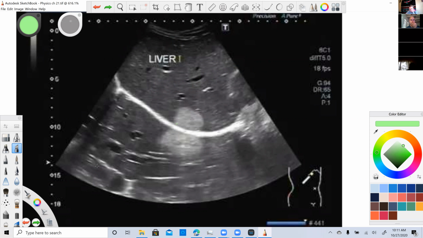Does that make sense? I love this one, and we see this all the time. We see it all the time in the liver.